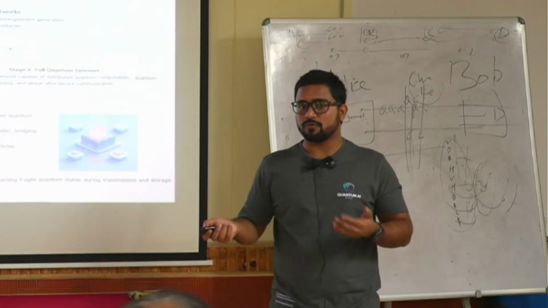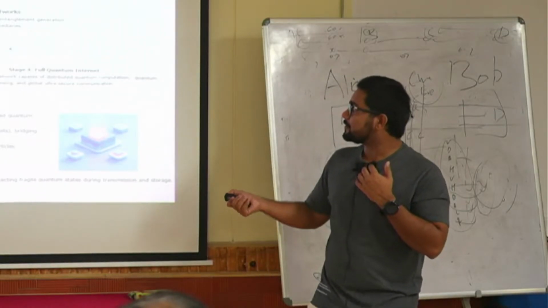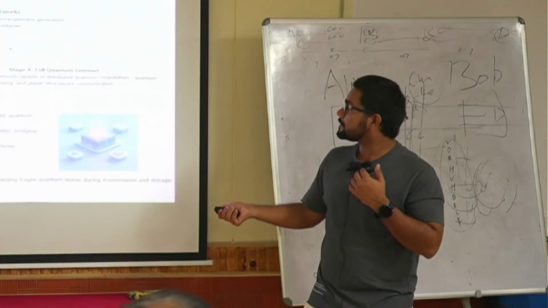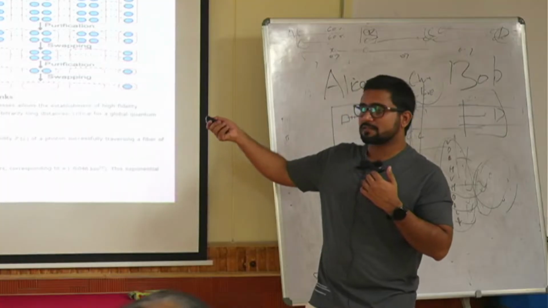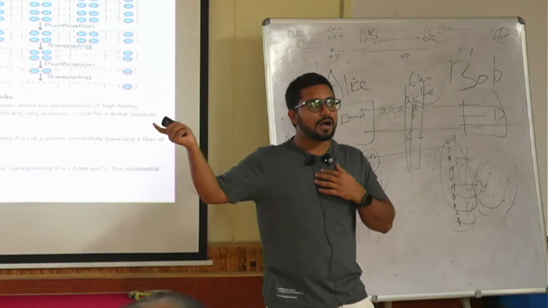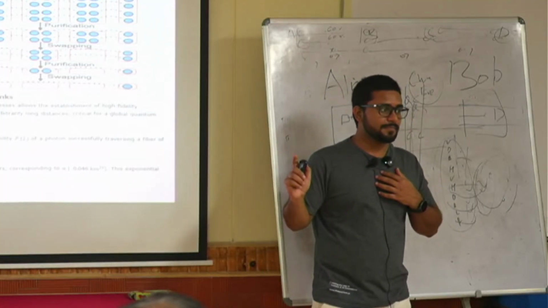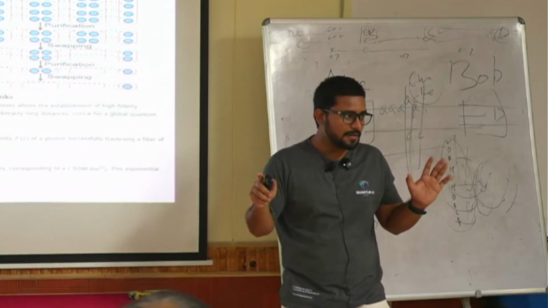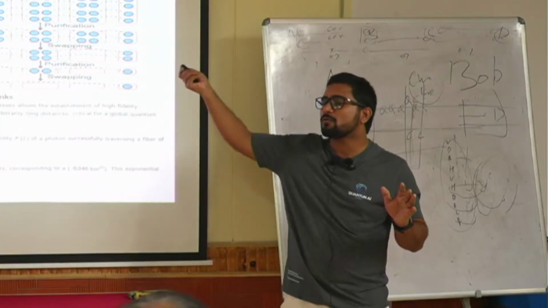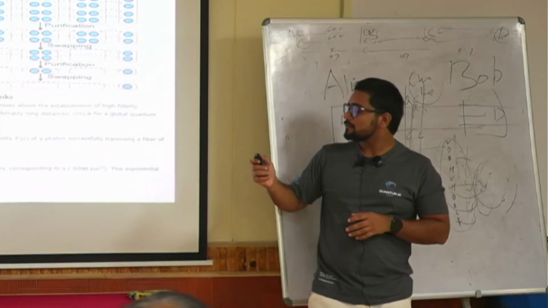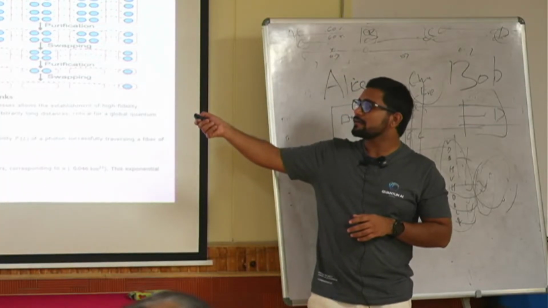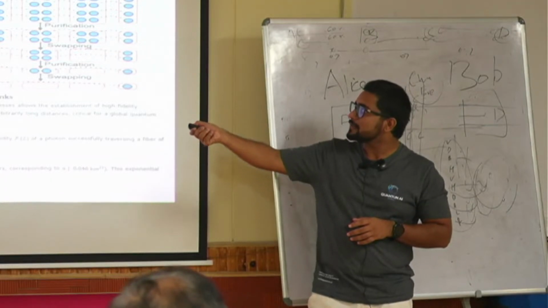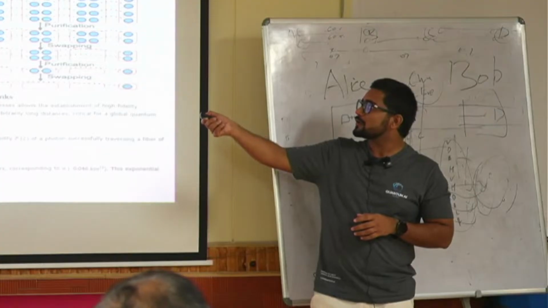And quantum memories, of course. In the previous slide you saw these blue dots. What are those? All of those are quantum memories. If you don't have a quantum memory with very high coherence time or storage time, how will you hold the quantum information? You created entangled photons, but to hold them, you should have a quantum memory which can hold the photons.